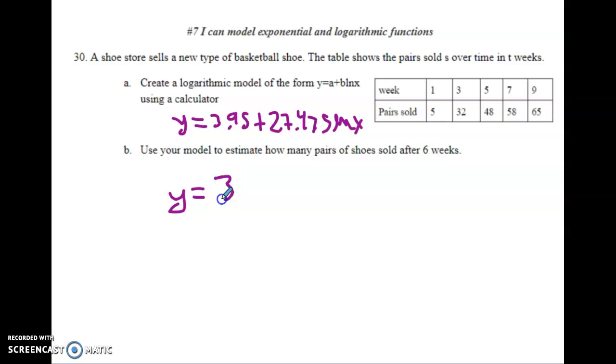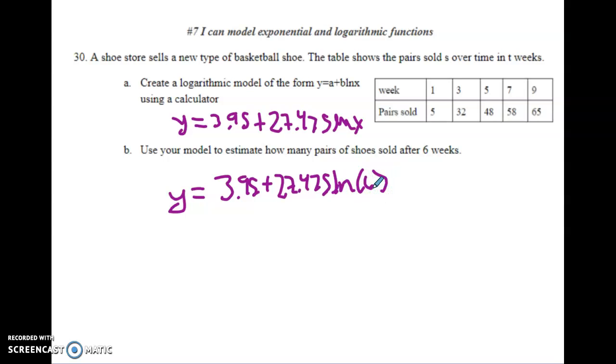after 6 weeks. So I'm just going to use my equation and punch this in the calculator. 3.95 plus 27.475 natural log of 6.